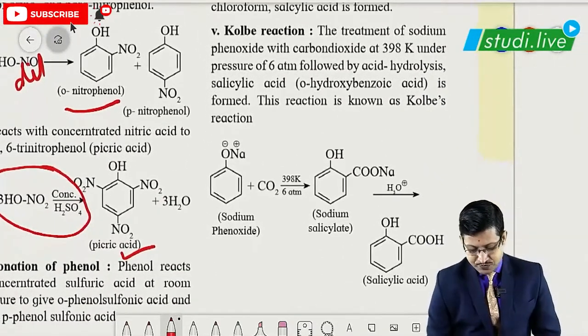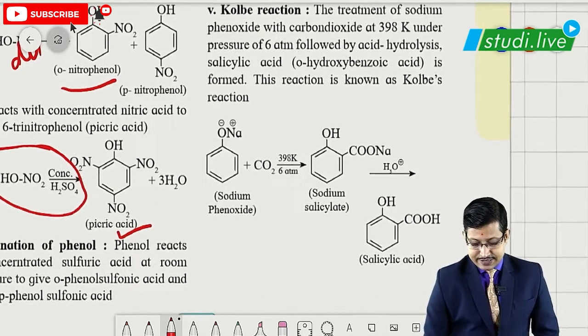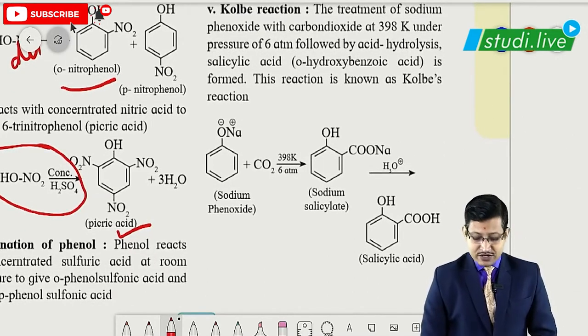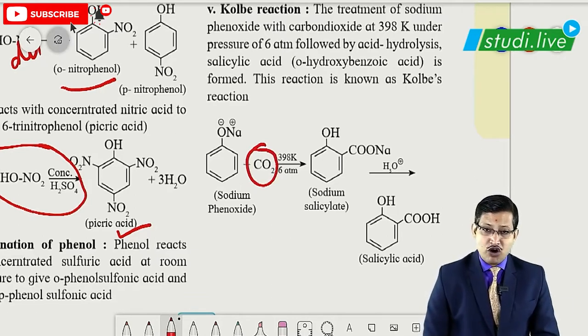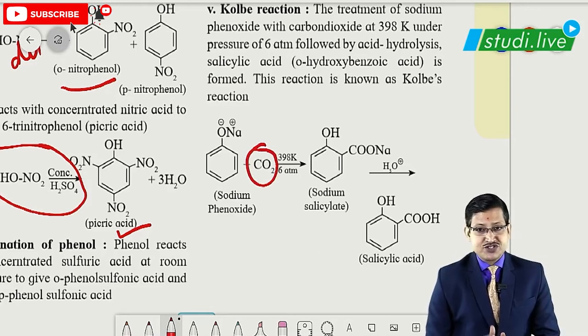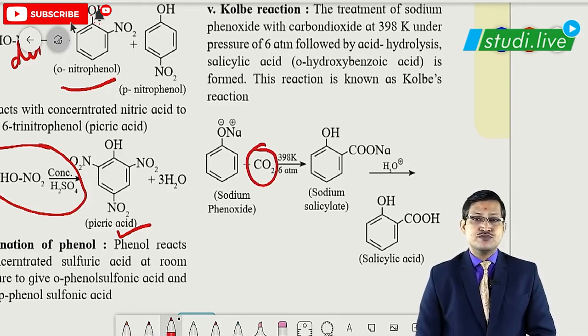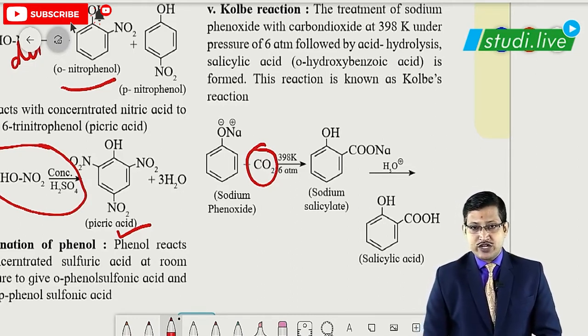Kolbe's reaction. Now there was salicylaldehyde; now this will be salicylic acid. For Kolbe's reaction, here phenol reacts with carbon dioxide. There it was chloroform and NaOH, that's what I told you previously. Try to recollect, remember, note the reactants and the products formed. So what happens in this case?